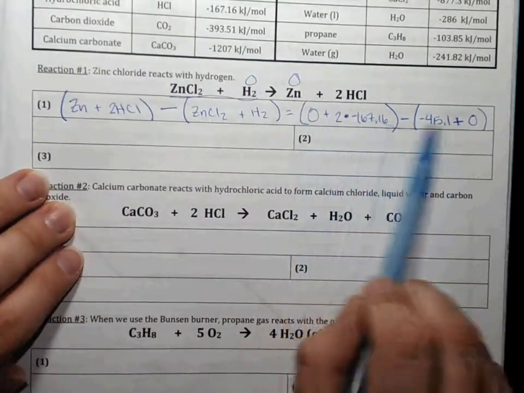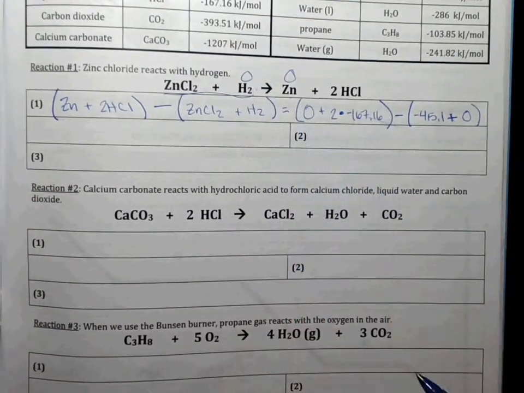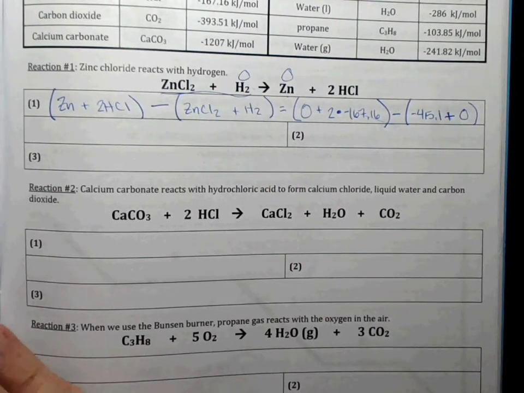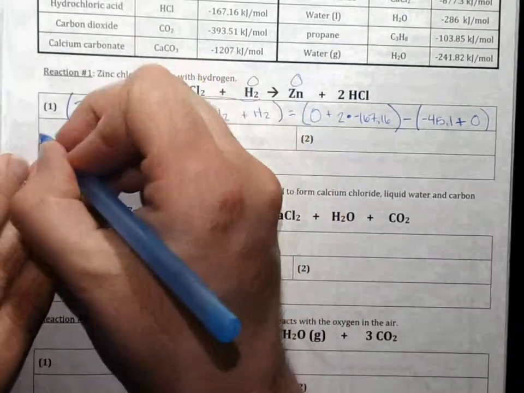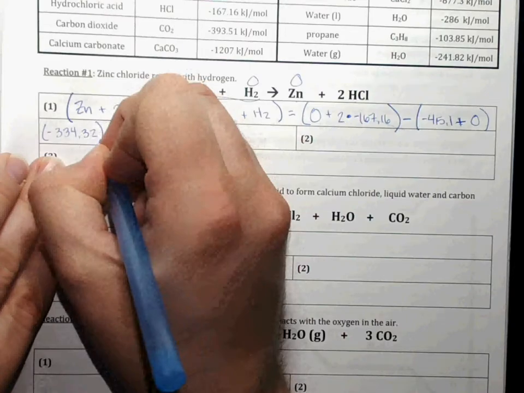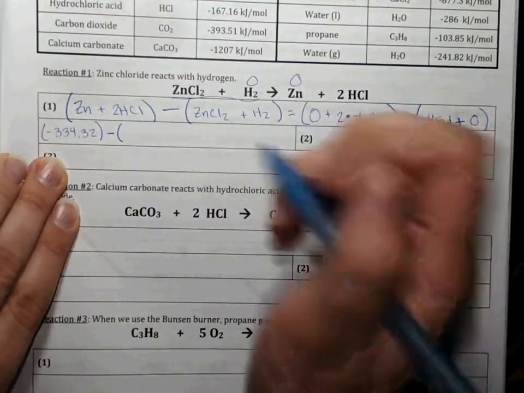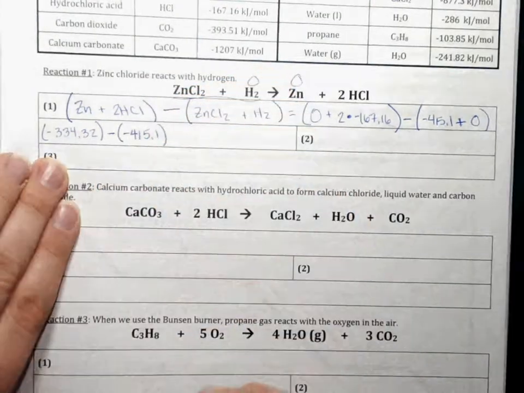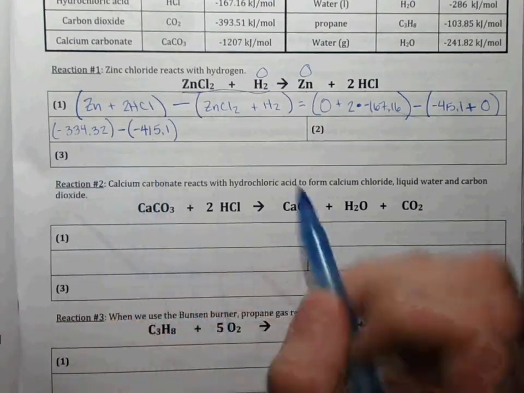So now I can simplify what's in these parentheses. Basically, 0 plus is obviously not going to change anything. So I do 2 times negative 167.16, and that's negative 334.32. Then I'm subtracting, adding the 0 here, again not going to change anything, so this is just negative 415.1. When you type this in your calculator, be careful that you don't miss one of the negatives.